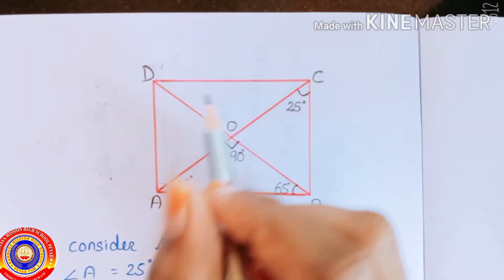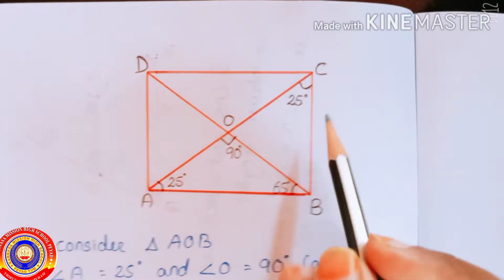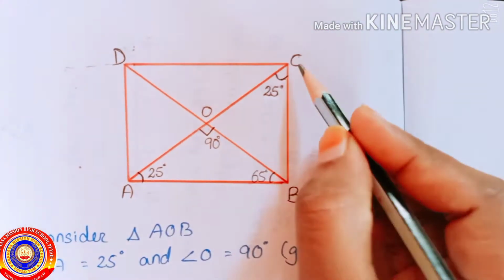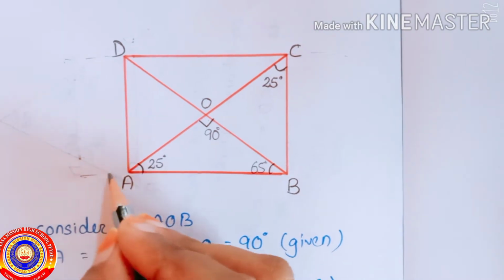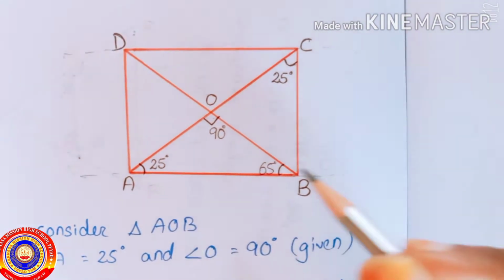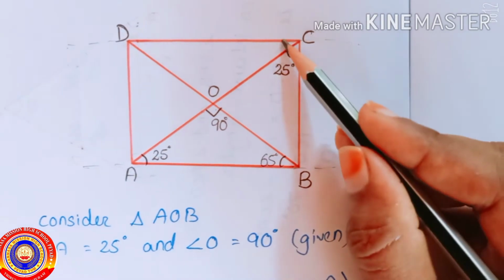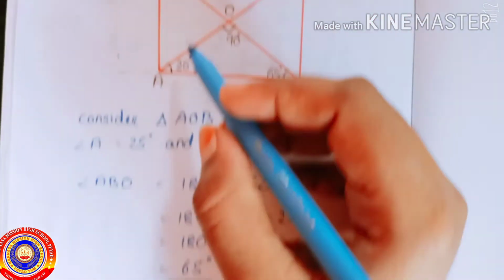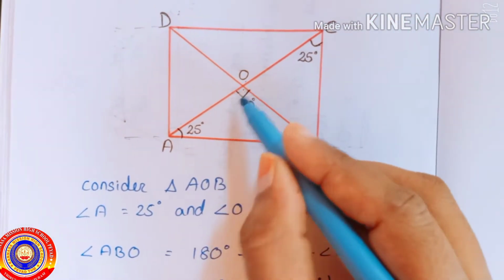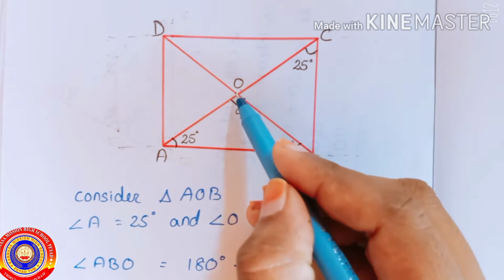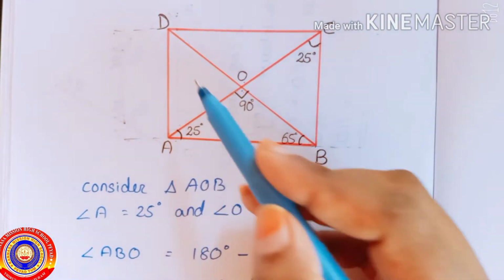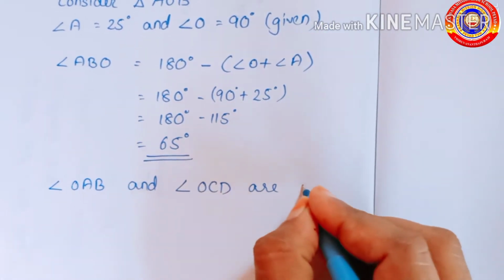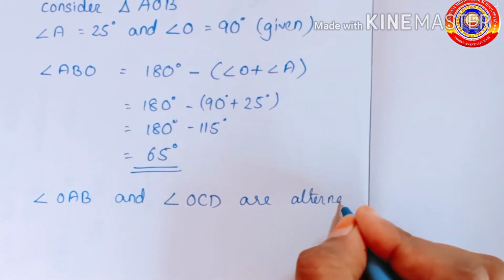We know that the opposite sides of a parallelogram are parallel. So listen, when these two parallel lines are cut by another line, there are 8 different angles formed, which we had already learned in our chapter. Here, these two angles are alternate angles. Then angle OAB and angle OCD are alternate angles.